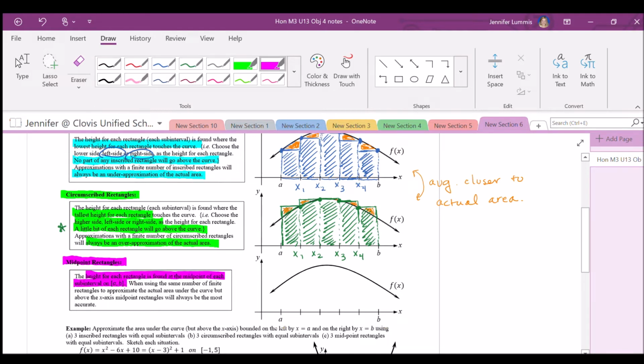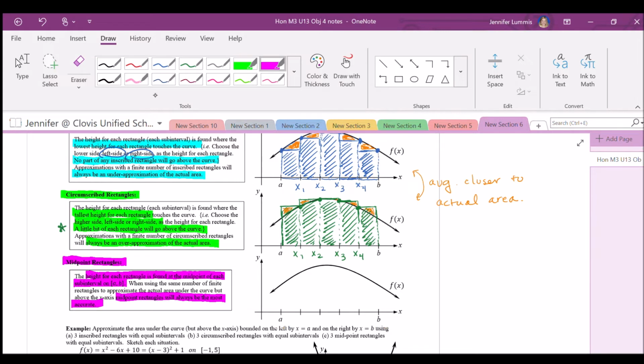So it's not necessarily the highest point or the lowest point, it's just strictly the middle of the interval. When using the same number of finite rectangles to approximate the actual area under the curve, but above the x-axis, midpoint rectangles will always be the most accurate. So this is even faster than doing inscribed or circumscribed and averaging them.